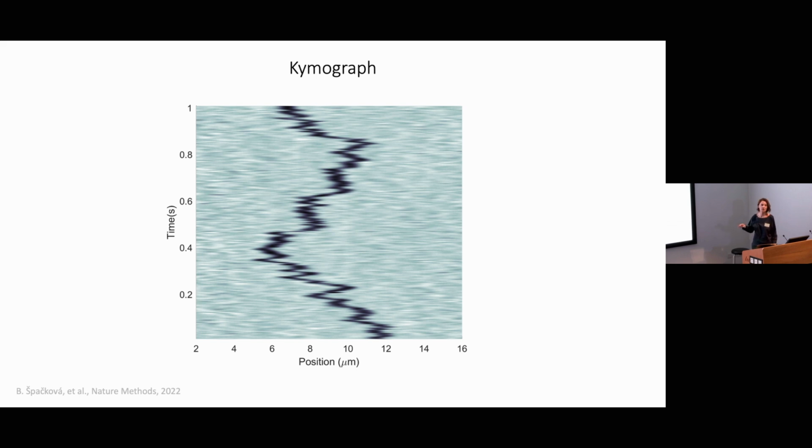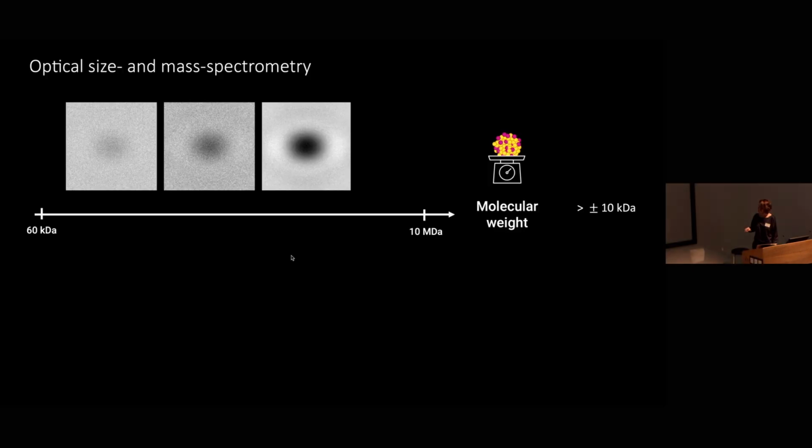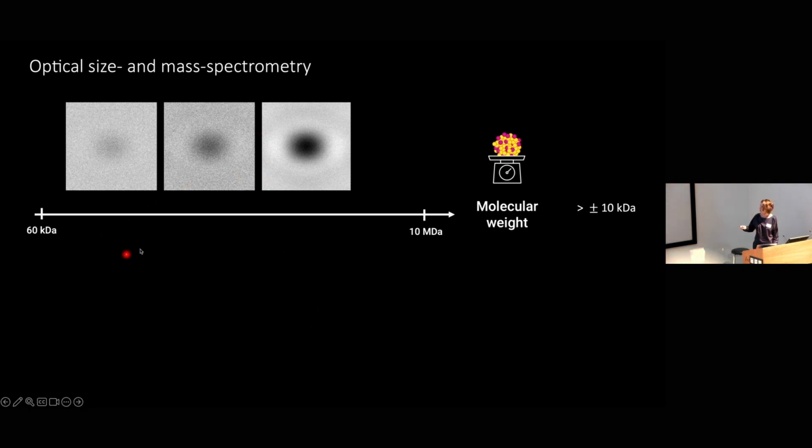But we cannot only look at the dynamics or movement of a biomolecule inside a nanochannel. We can also extract a lot of useful information. For instance, the optical contrast, or how dark this spot is, is linearly proportional to the polarizability of a biomolecule.